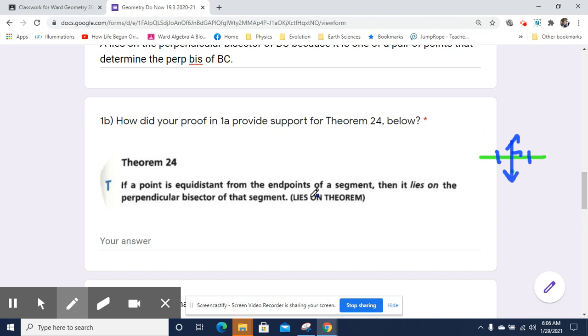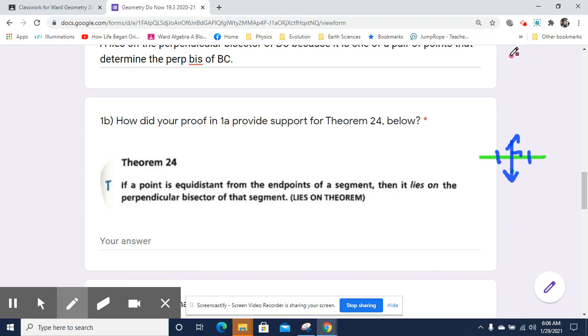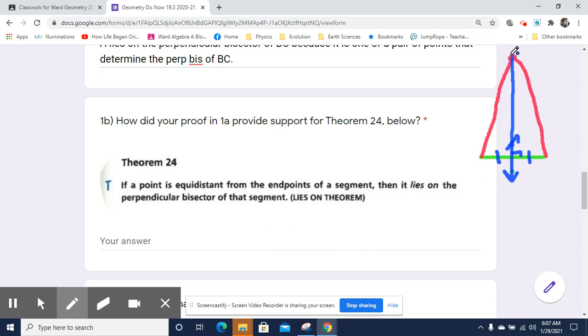So if a point is equidistant, let's plot some point way out here, and we're going to say this point here is equidistant to these endpoints. If that is true, then we can extend this line, the perpendicular bisector, through that point.